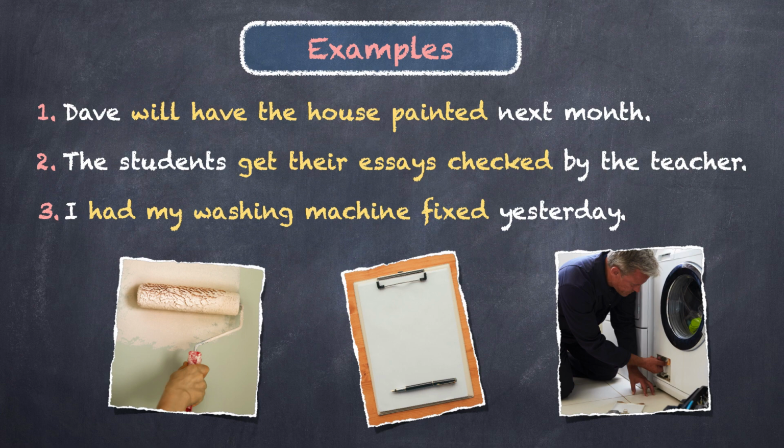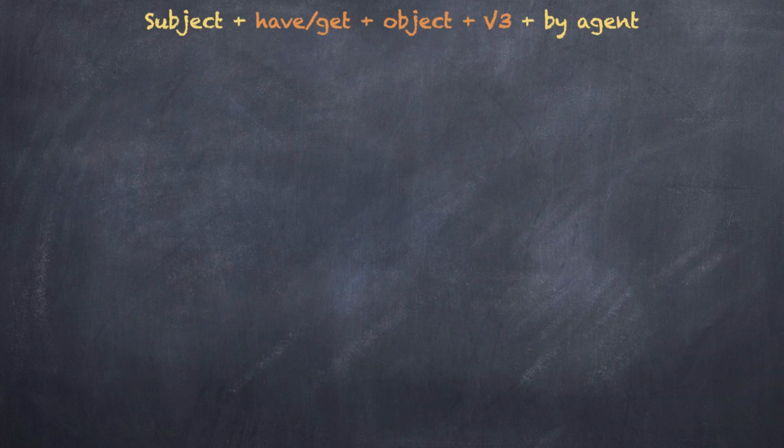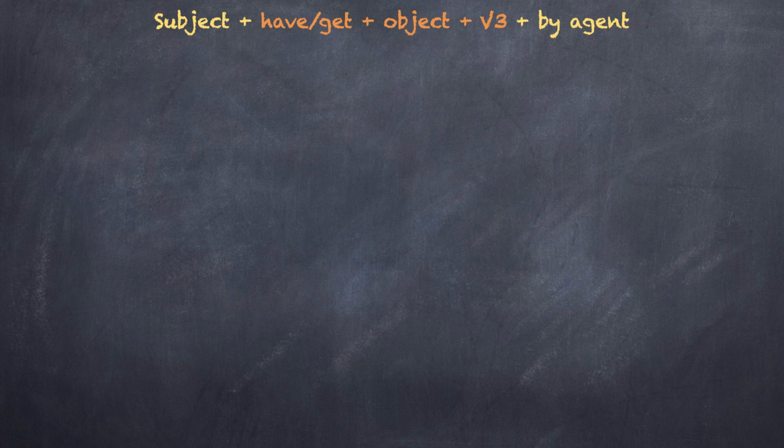Now if you want to master the forms of have something done in tenses, the next slide would be helpful for you. So the main rule is subject, then have or get, then the object, then verb 3 by the agent.